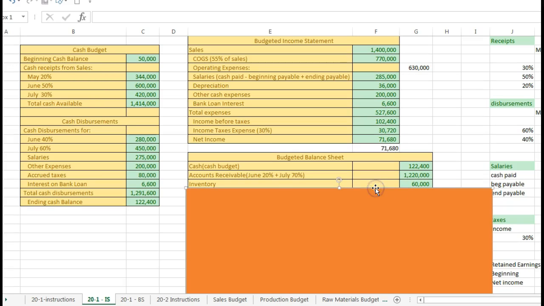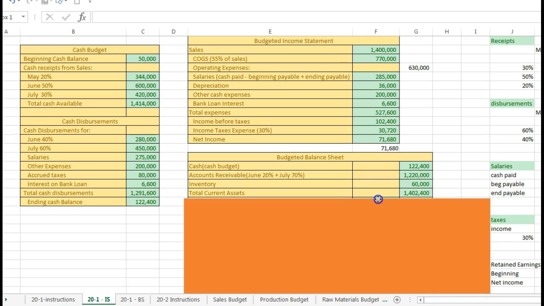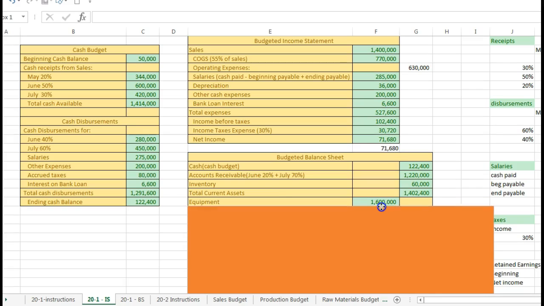Inventory, I believe they gave that to you. Somewhere in here they tell us your inventory at the end of June was $80,000, at the end of July was $60,000. So we have the inventory. That gives us total assets of $1,402,400. And then they talk about equipment. Equipment was $1.6 million. That was a given.